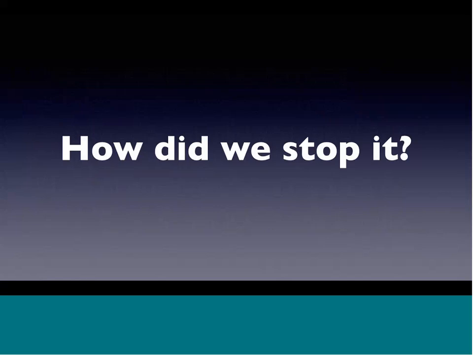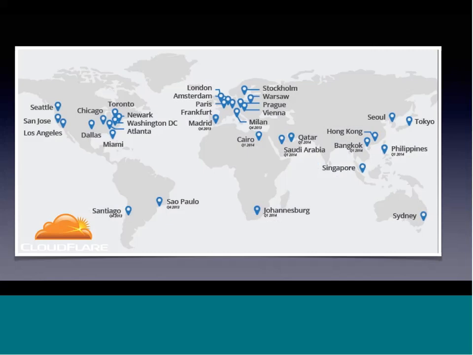So how do we stop it at Cloudflare? Well, the first thing Cloudflare does is we have built a global network. So we have data centers all over the internet and all over the world, with very large capacity in every data center.